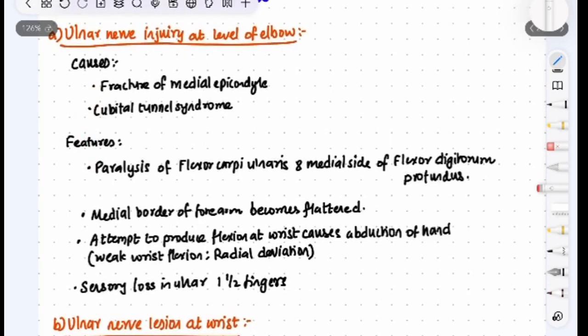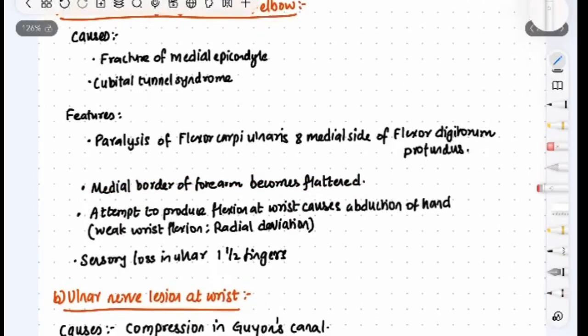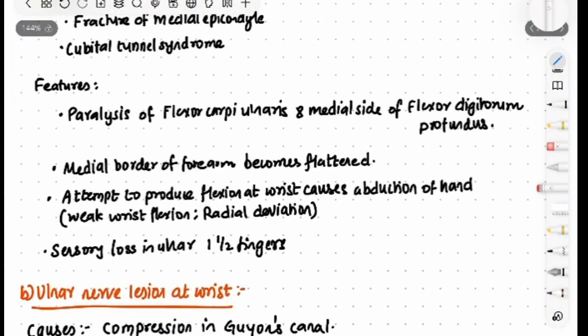What are the features? There will be paralysis of flexor carpi ulnaris and medial side of the flexor digitorum profundus, as well as a flattened medial border of forearm. When we attempt to produce flexion at wrist, it causes abduction of hand.